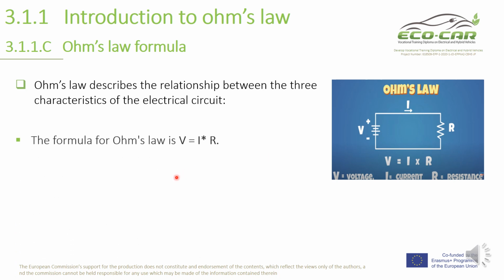So the formula for Ohm's law is the voltage, which is equal to the current multiplied by the resistance. This is the formula for Ohm's law. Also, from this formula, we can get the formula for the current, how to calculate the current, which is equal to the voltage divided by the resistance. So this is also Ohm's law.